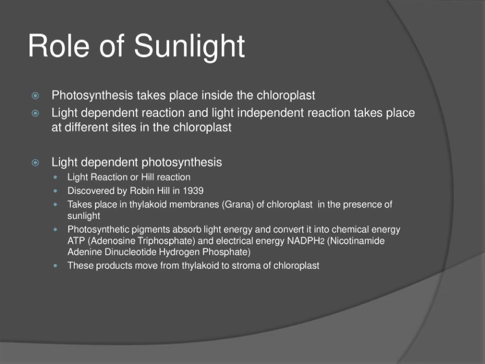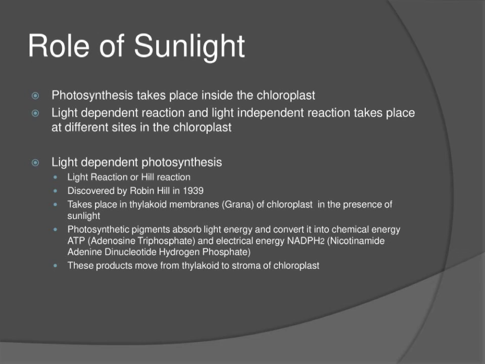So these photosynthetic pigments absorb light energy from sunlight and convert it into chemical energy and electrical energy, those are ATP and NADPH2. These products, ATP and NADPH2, move from thylakoids to stroma of the chloroplast. So this is your light dependent photosynthesis.